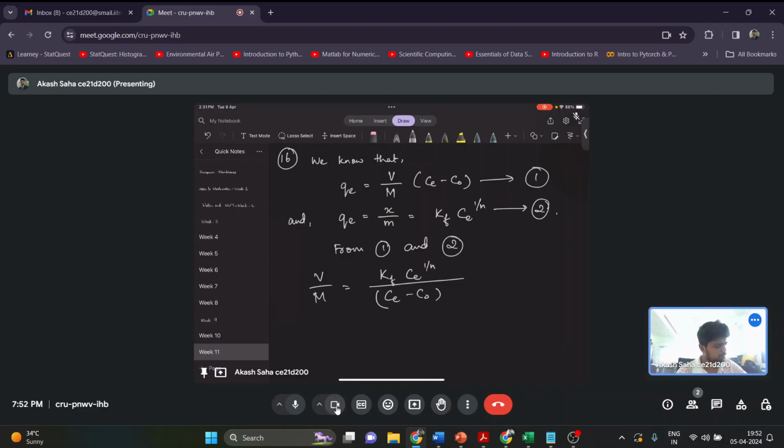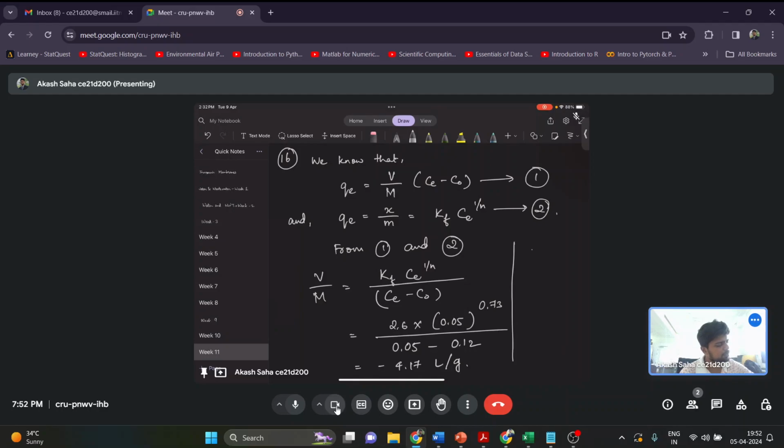So Kf value is known, 2.6 into Ce is 0.05 to the power 0.73, 1 by n value is given, and in the denominator we have 0.05 minus 0.12. So it will turn out to be minus 1.74 liter per gram. Okay, it will be in minus because of those terms.